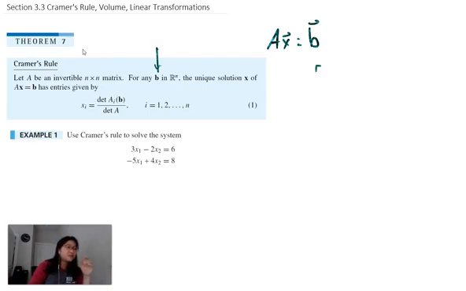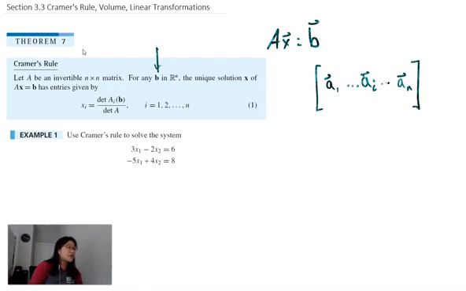So you have the various columns of matrix A. Let's call this I. So these are all column vectors.